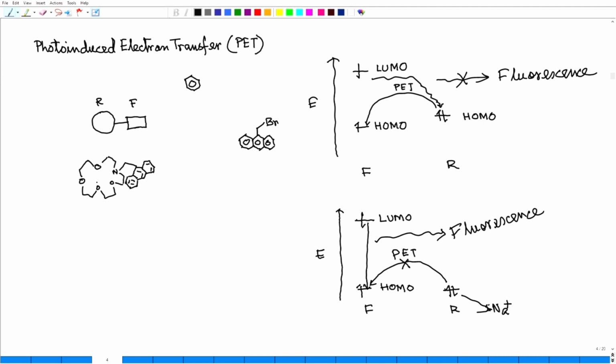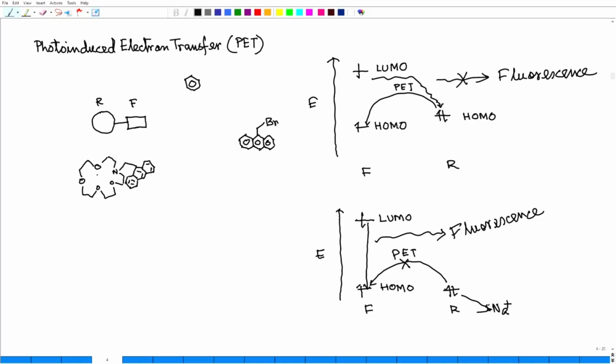This is a microscopic scale, I cannot see it, but at that scale I find an analyte, in this case the sodium ion. It enters and then I see a strong fluorescence peak. If my macrocycle is empty and I excite, I do not see any fluorescence. That means the event of an analyte entering this receptor can be signaled by a strong fluorescence in a PET process.